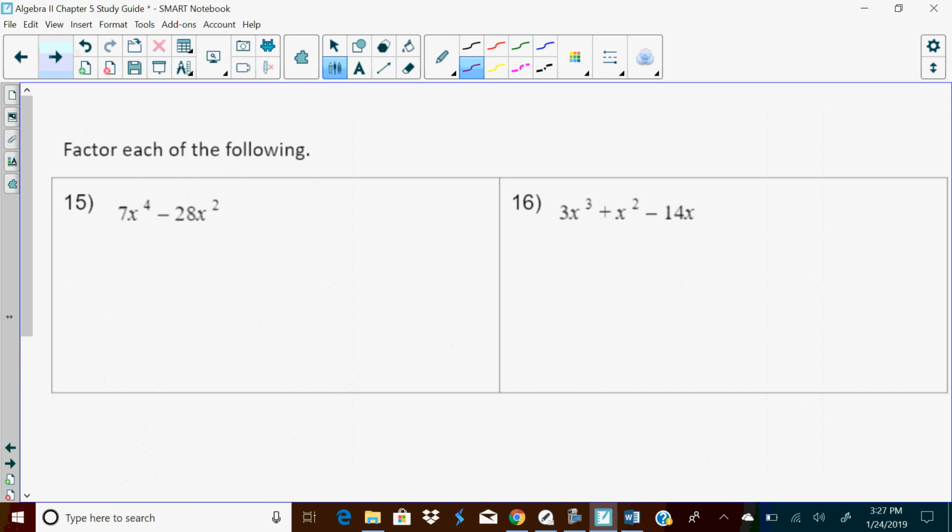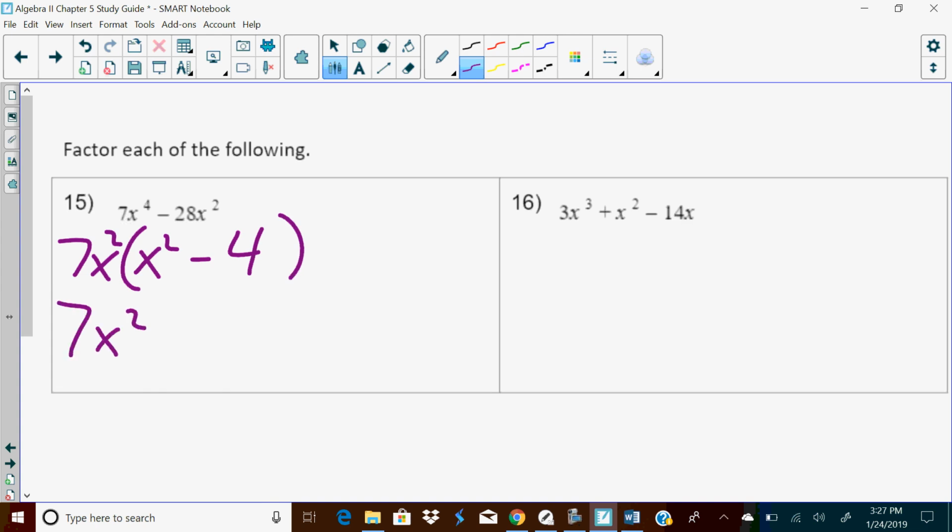Problem number 15, we want to factor each of the following. So for the first one, we want to pull out a 7x squared, and I'm going to get x squared minus 4. X squared minus 4 is the difference of two squares.